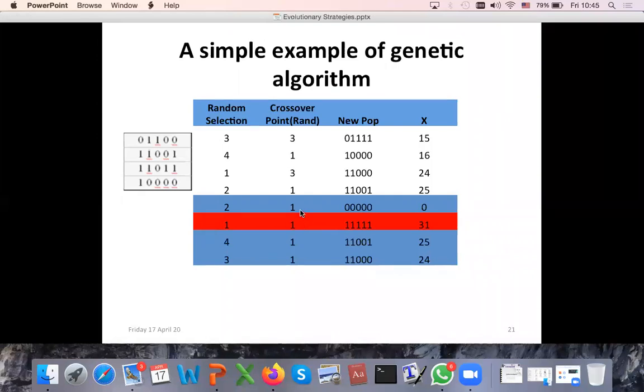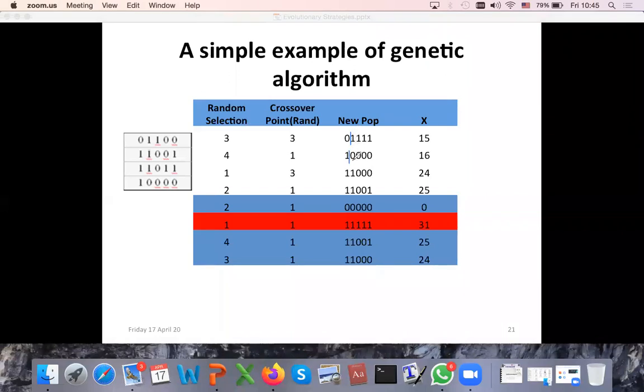So after selecting this crossover point, now this is something we can understand after applying the crossover operation. This is one and this is one. This first member is going to be a partner with the second. The crossover point is after this first bit.